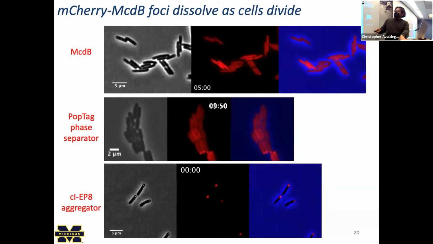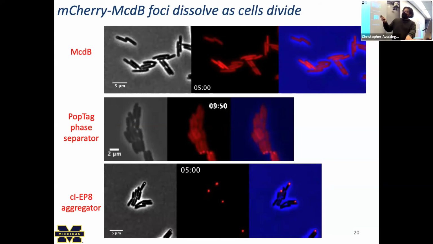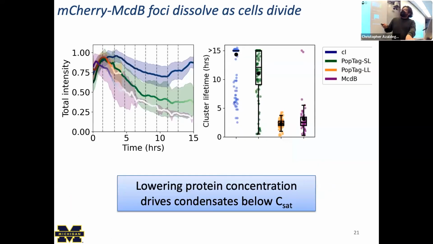And then for the C1 aggregator protein, even as the cell divides again, you just get inheritance of the polar focus that's there, and nothing really happens. So again, we get the quantification of this. C1 remains quite constant, and you see that the shade of blue here remains quite constant, demonstrating that the overall number of foci remains constant, and showing that they're insoluble.